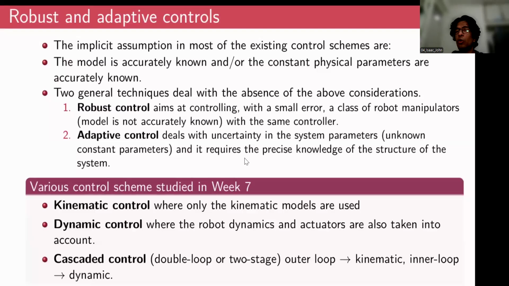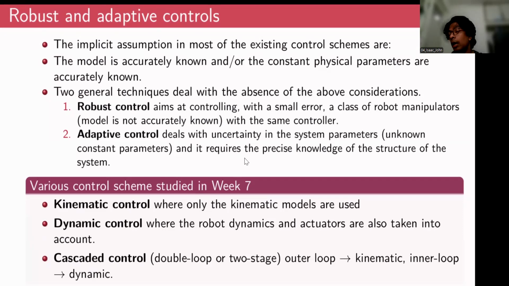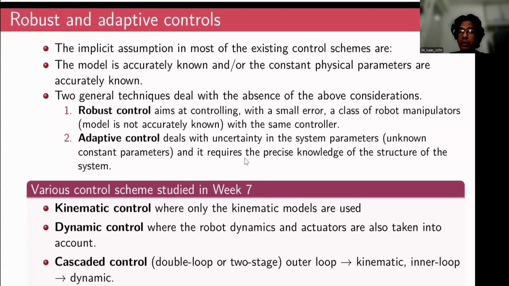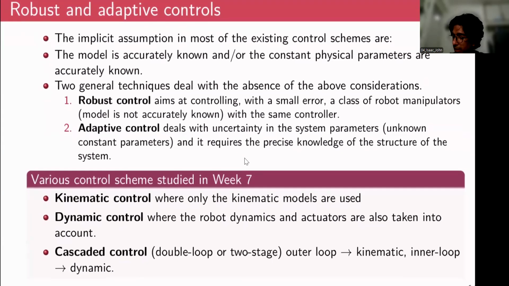But as it wears down, the coefficient of friction would decrease. Probably a lot of other parameters, which we assume as constant, would change over time. So in adaptive controllers, the control parameters, the control gains, would keep on changing, or would adapt based on the uncertainties, or based on whatever knowledge we have of the system. So that's what the philosophy behind the adaptive control scheme basically tells.